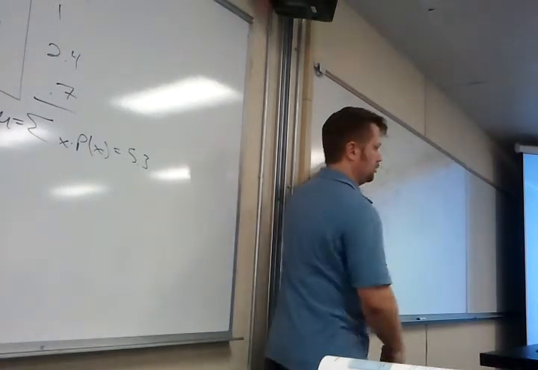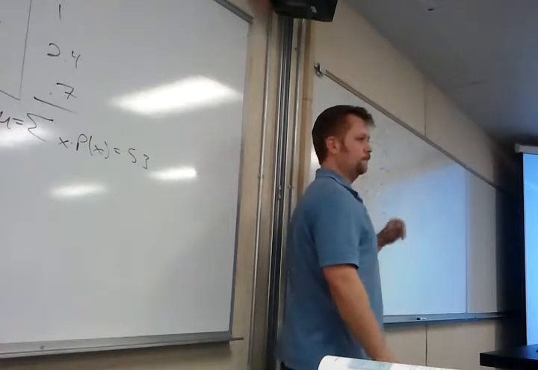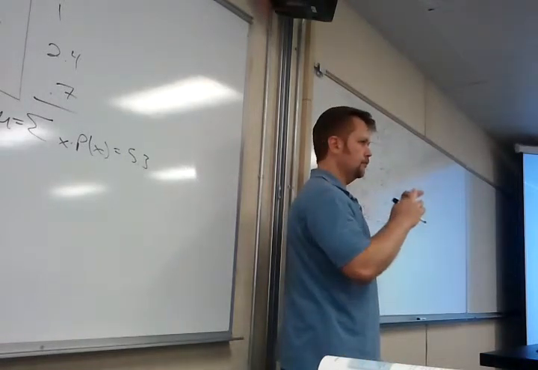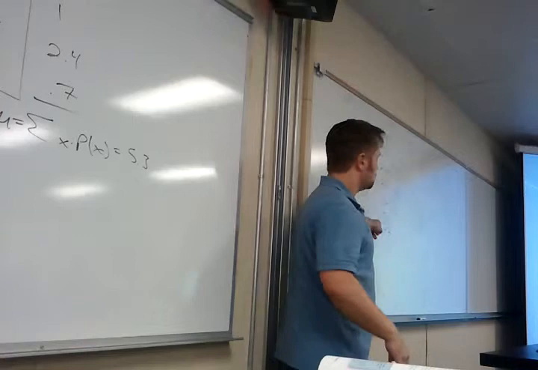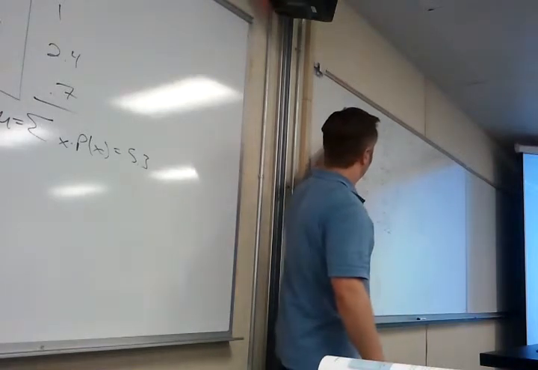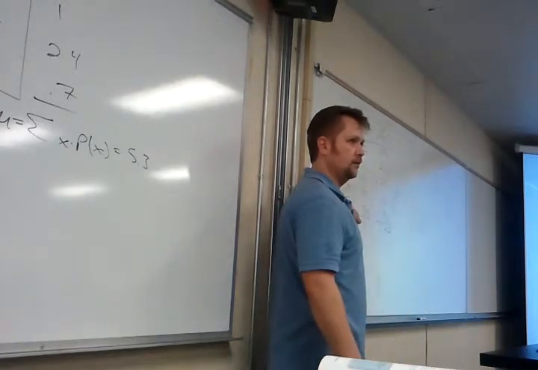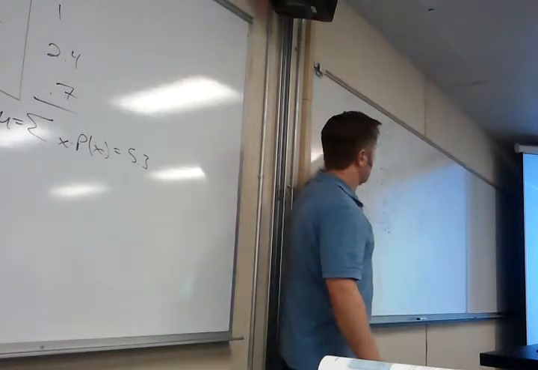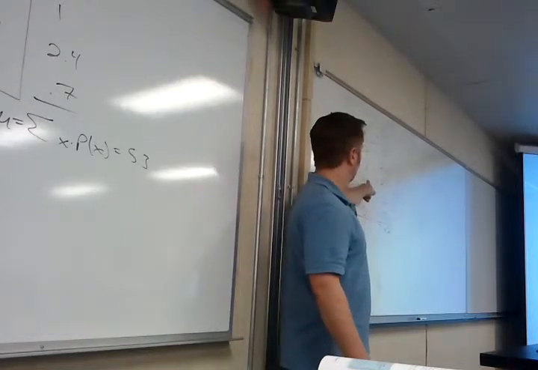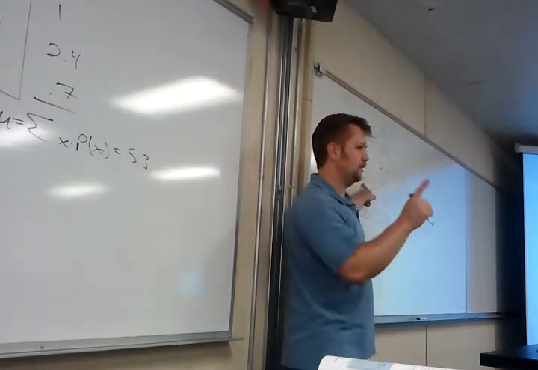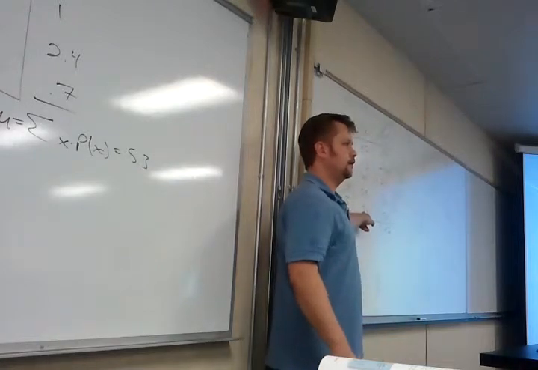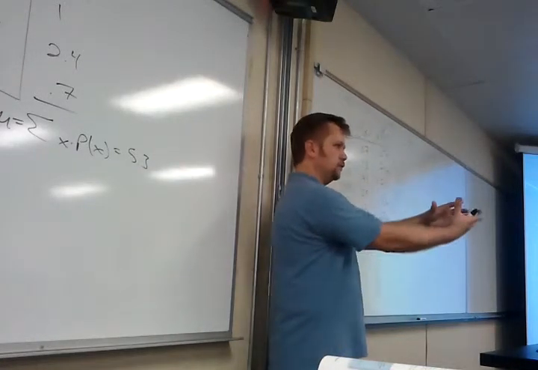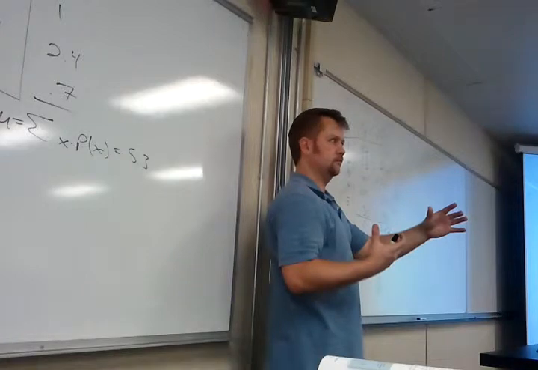Why is that average a little bigger? Why is that average bigger than it would have been if I just would have had one of each of these? What's the heaviest weighted thing in here? 3. What's the next heaviest weighted thing? 5. Ah, yeah, see, so that 30% of 5s pulls the average up a little bit.